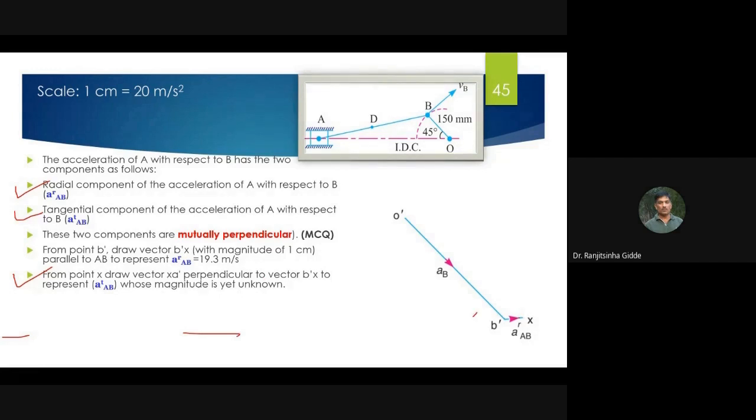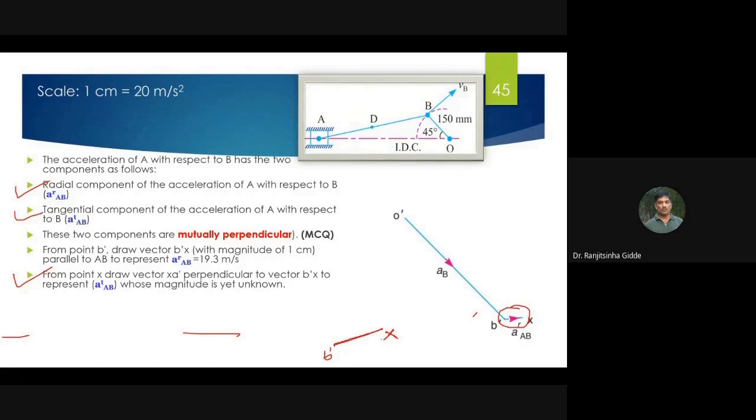Pay attention here. So this is the radial component. For more clarity I will draw here. The radial component started with this point and this is the end point.